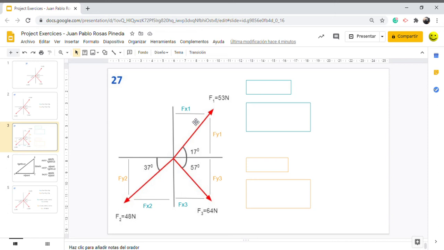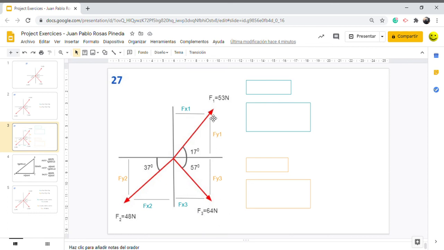So now we have our values, right? Because the horizontal line is the x-axis, these horizontal lines are going to be fx. Because this is the first one, we're going to have fx1 here, fx2 because of this one, and fx3 because of this one.